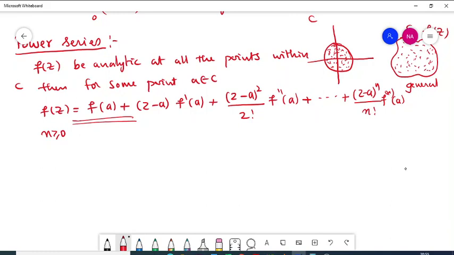Now there is a special case of this. Instead of a circle we will be having an annulus. What is this annulus? Annulus is the region bounded by two circles. So this is one circle, and there will be one more circle.